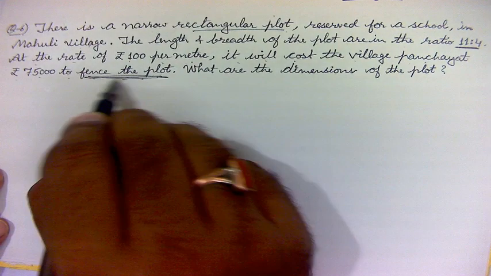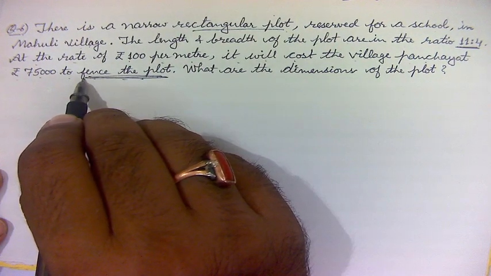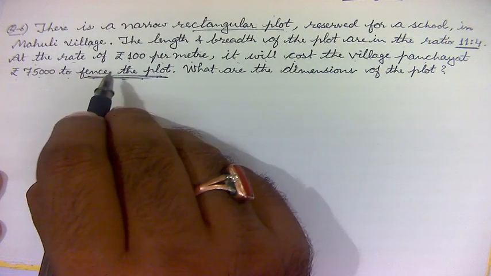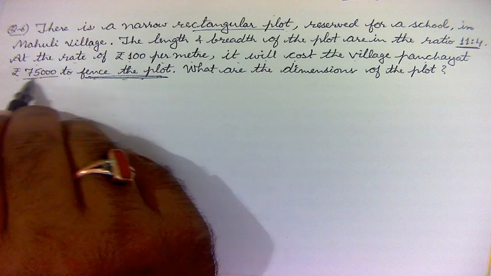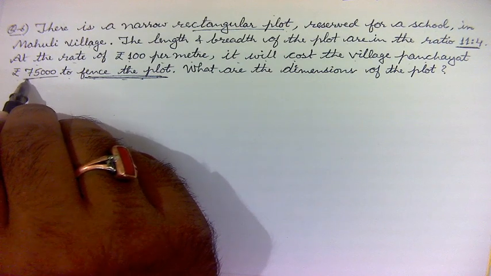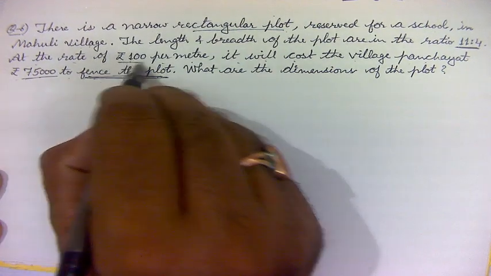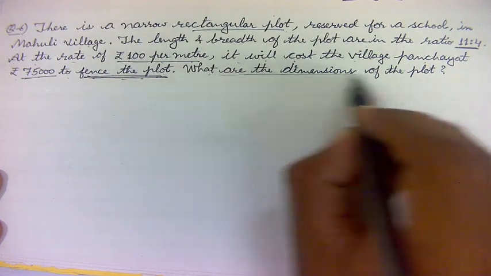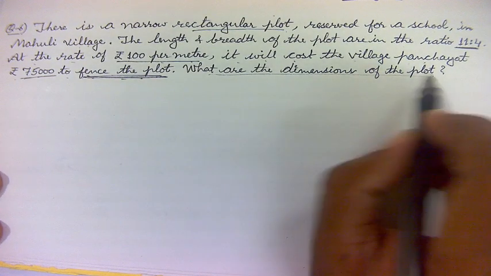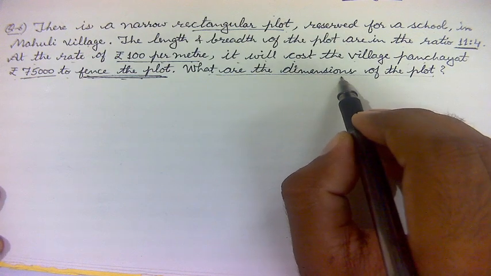So fencing is to put up a boundary, to build a boundary. In that case, to build the boundary, the panchayat has to spend 75,000 rupees, at the rate of rupees 100 per meter. You have to tell what are the dimensions of the plot. Dimensions means the length and breadth of the plot.